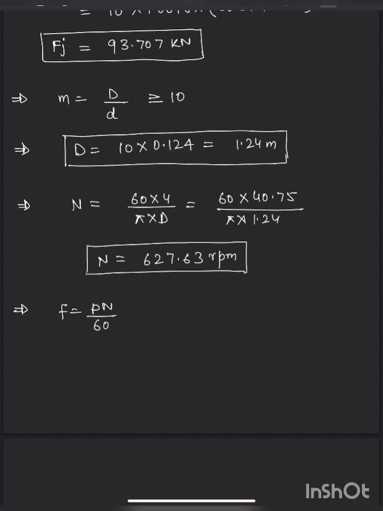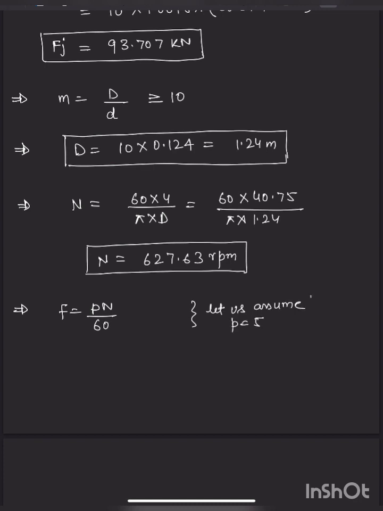For constant frequency, f is equal to PN divided by 60, where P is the number of poles and N is the RPM of the wheel.